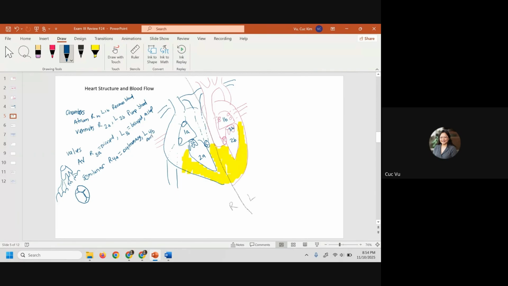Yep. So this will be 4A and 4B. All right. Then next we're going to do blood vessels. Actually, no, I'm going to do blood vessels over here. I need more space.